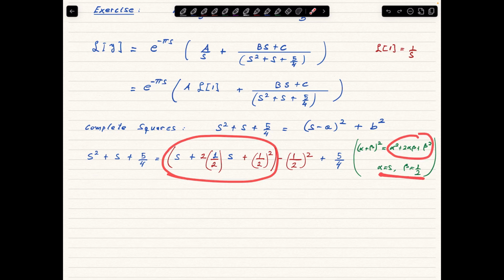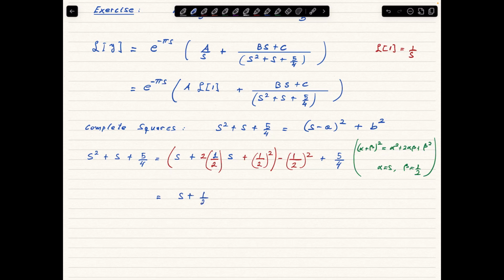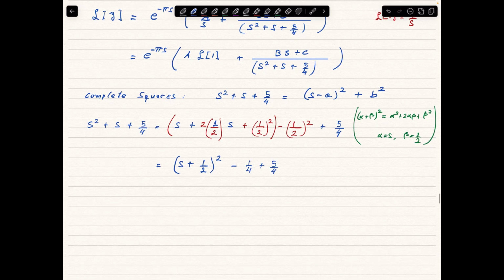Therefore, for these two values, we can write it down in that way. So we end up here with s plus 1/2 all square. And then we have 5/4 minus 1/4. So minus 1/4 plus 5/4. Well, that is simply 1. So we end up with s plus 1/2 square plus 1. All right. So this is the complete square in our case.